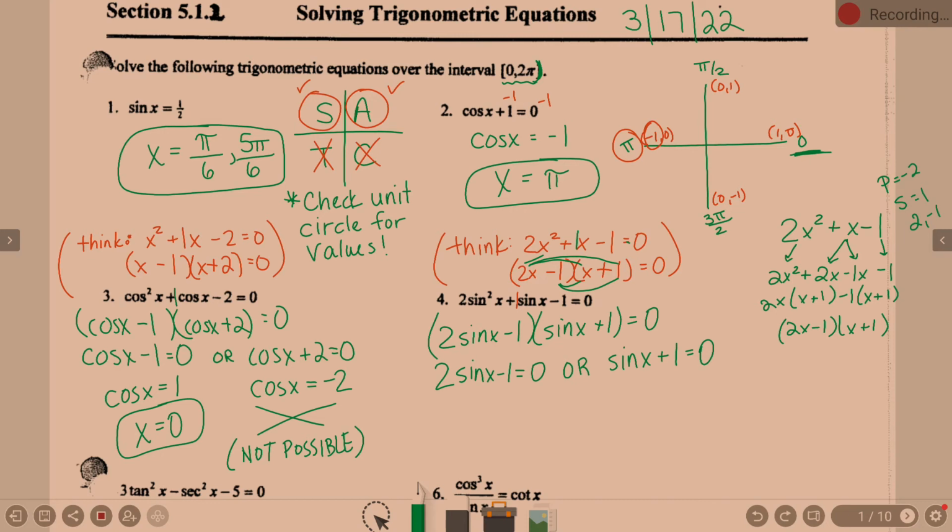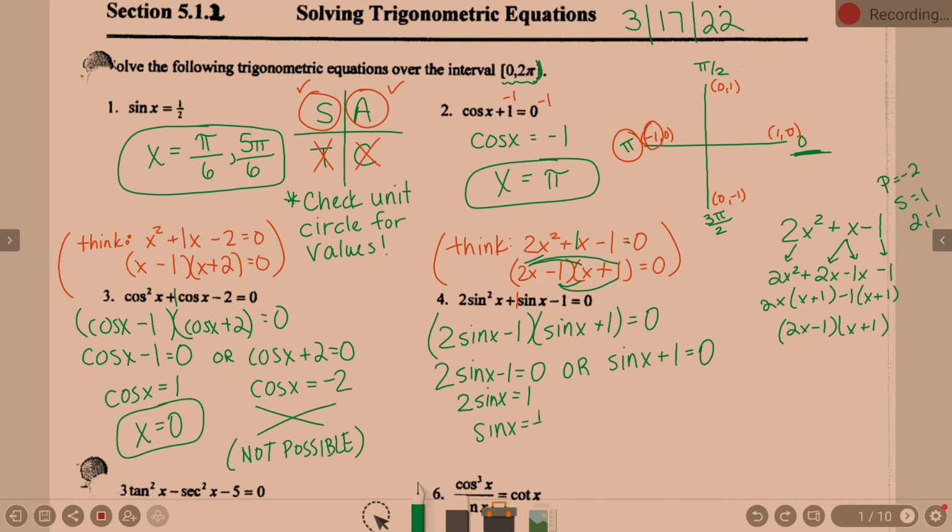Yep. So if I add the 1 over, I then end up with 2 sine x equals 1. Is sine x by itself? No, it's 2 sine x. How do I get sine x by itself? We're going to divide by 2.